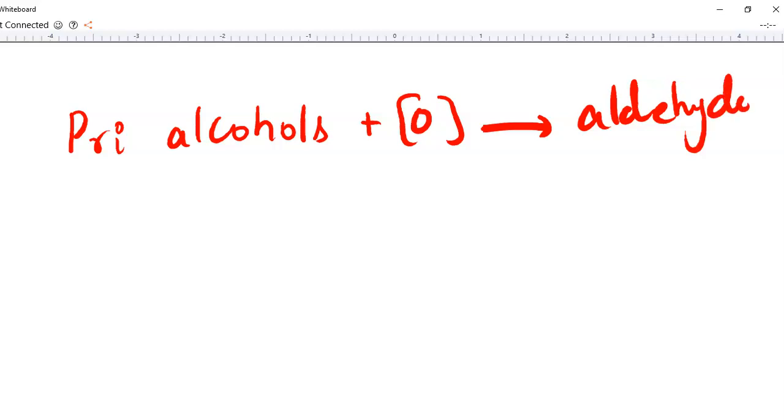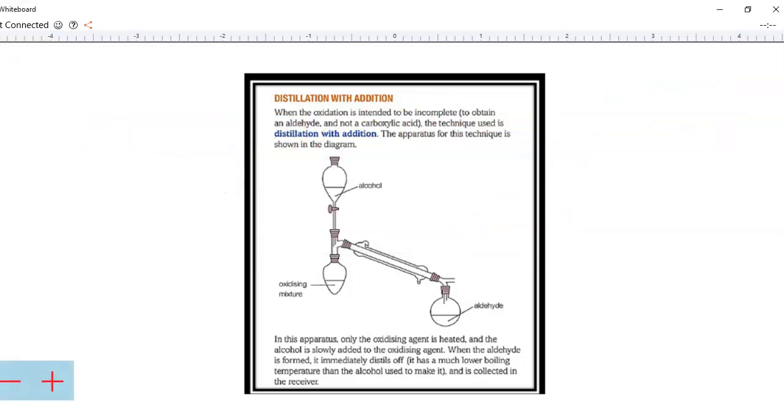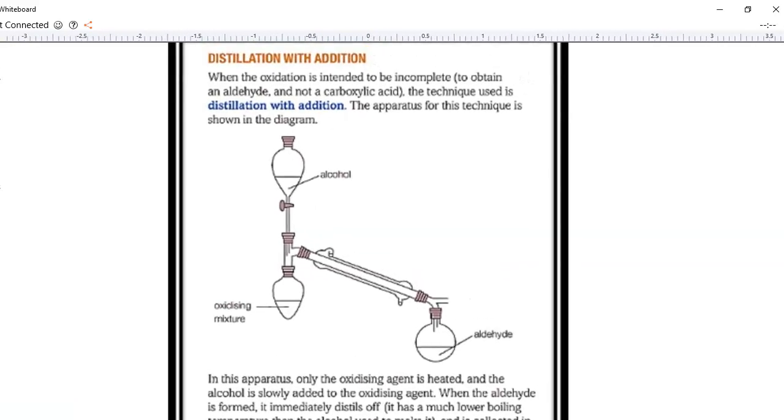So what will we use? Let me share a picture with you. See, this is the apparatus which we use for making aldehyde from primary alcohol.